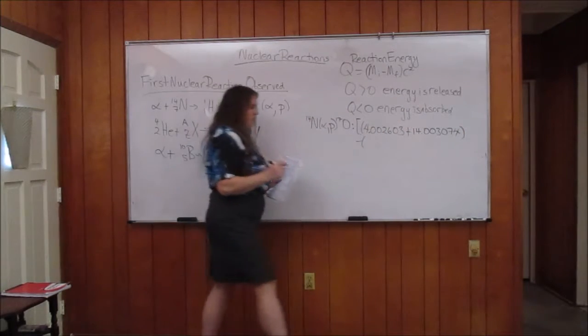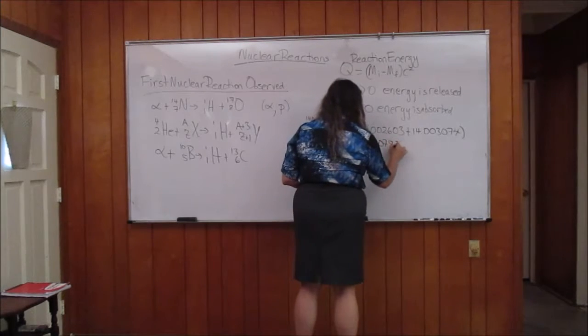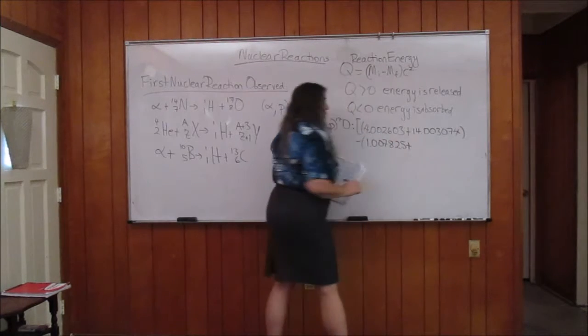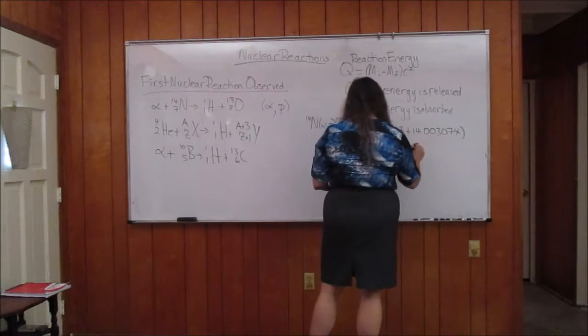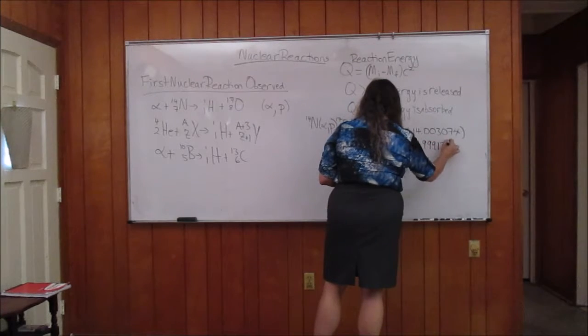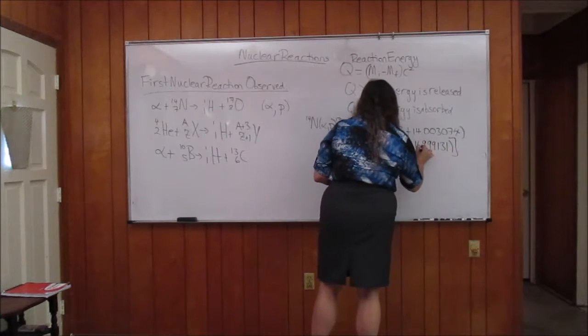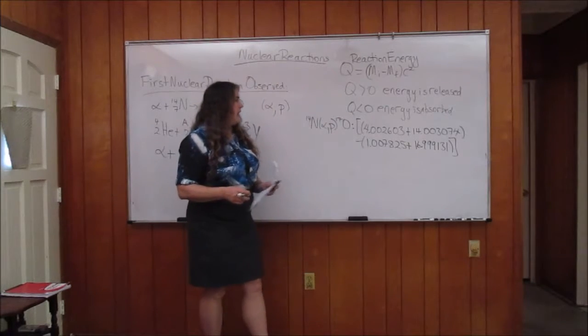And then the final masses: hydrogen atom, 1.007825, and oxygen-17, which is 16.999131.